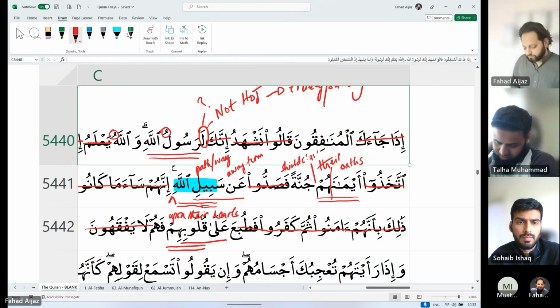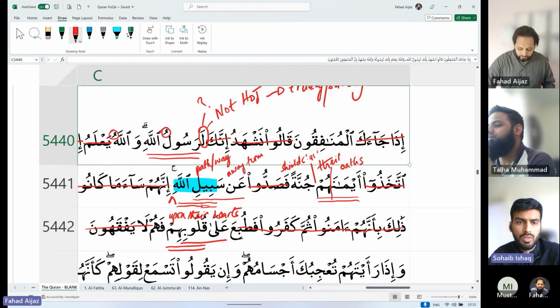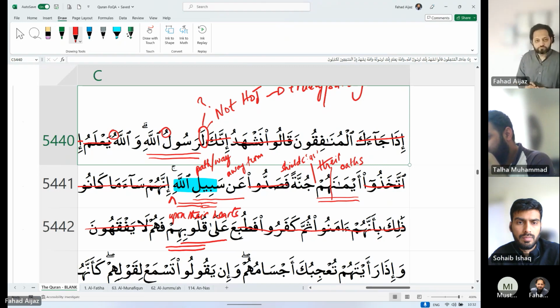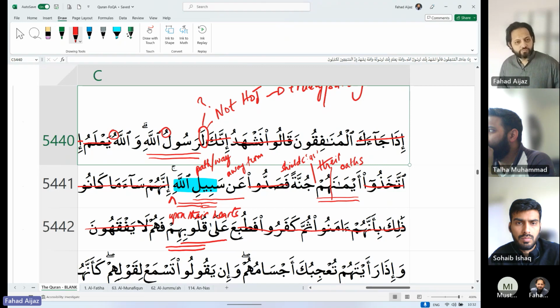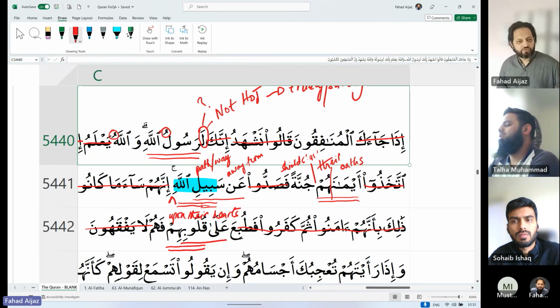Correct. On their hearts. And qulub is basically a broken plural: kalbun, kalban, kalbin, kalbani, kalbaini, kulubun, kuluban, kulubin. So it doesn't follow the Muslim chart form. Okay?